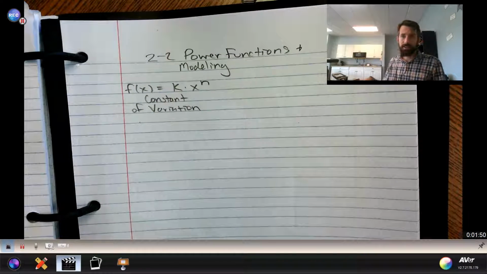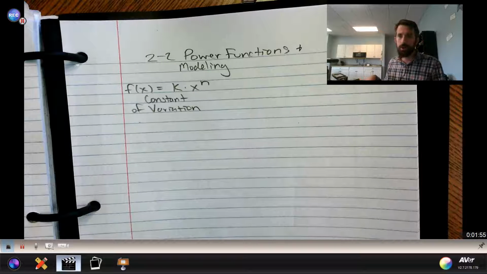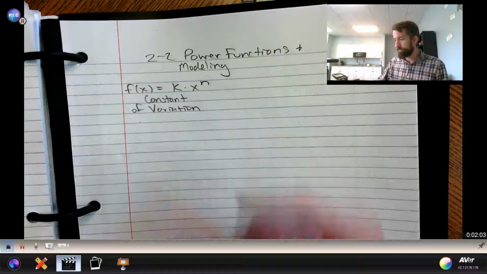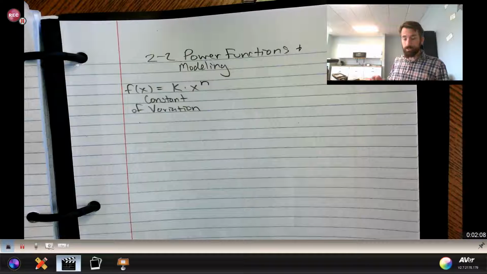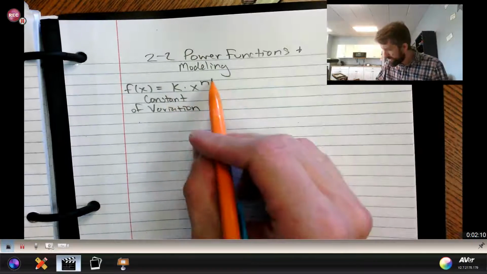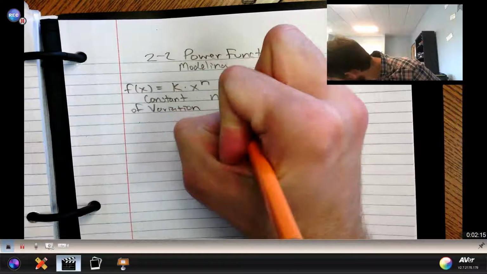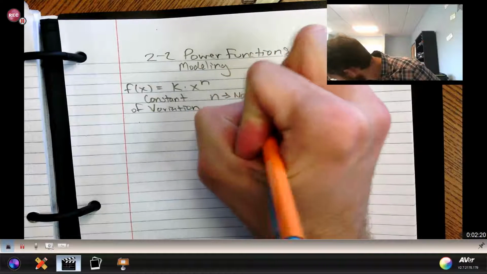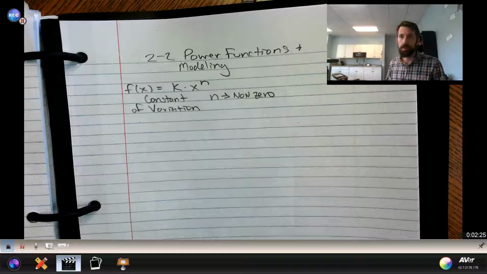There are going to be instances where in the past we've seen that this is also called direct variation or inverse variation when we're dividing by that x. When we divide by the x, that's when the n is negative. The only rule for power functions is that n is non-zero. Okay, so again, it'd be any negative number, any positive number. It just cannot be zero.